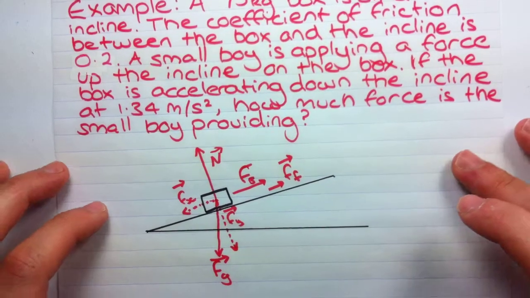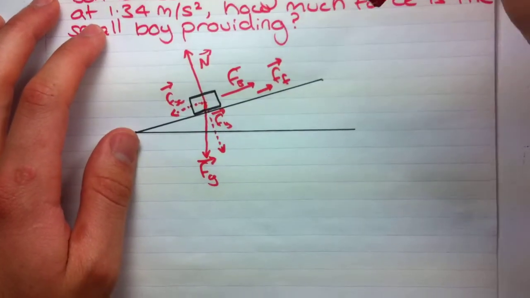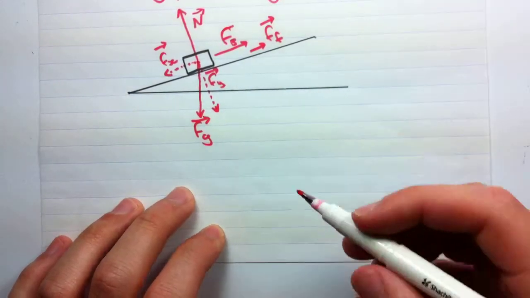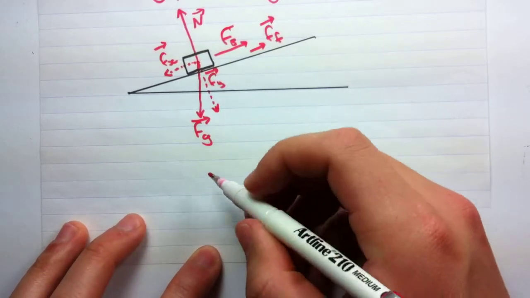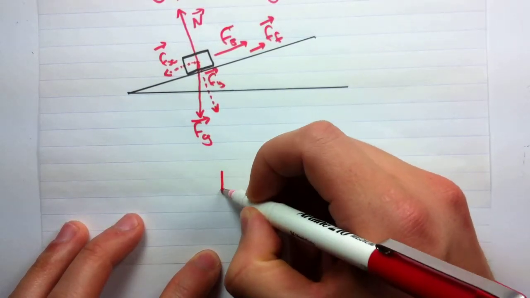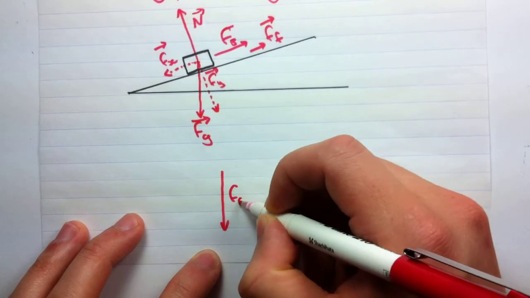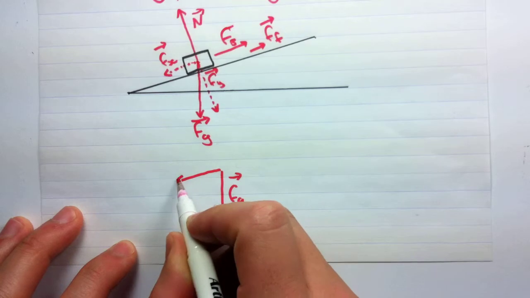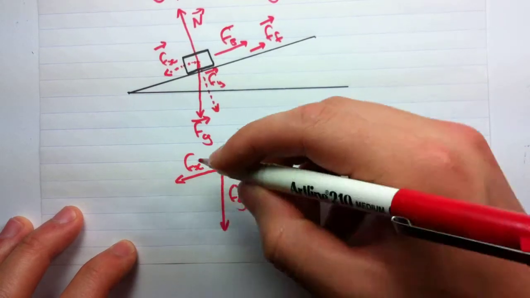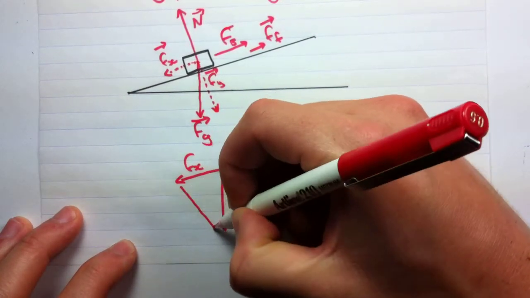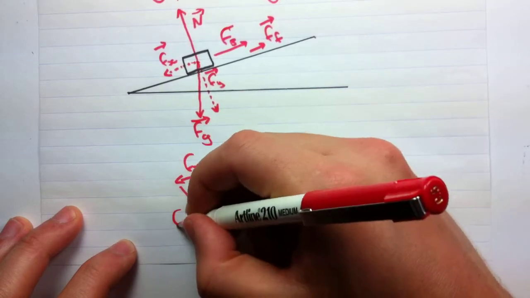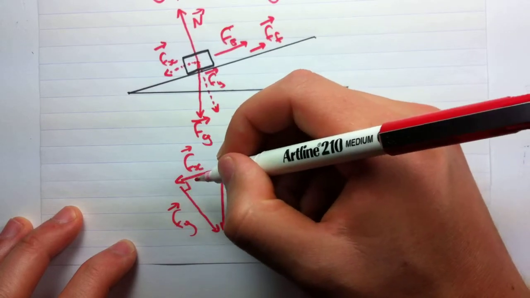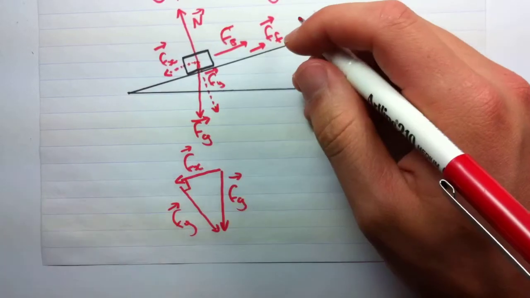I'm going to move the gravity triangle down here. So let's draw that. Gravity goes straight down, the weight force. This way, we'll call it Fx, and down there, call it Fy. That doesn't look like a very good right angle, but that's where the right angle is supposed to be.